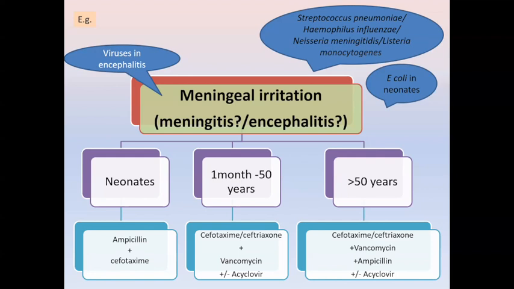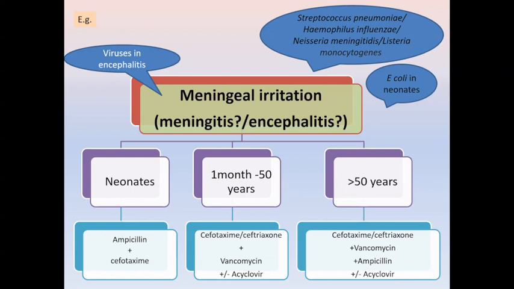But we don't treat with vancomycin alone; we add vancomycin to cefotaxime or ceftriaxone. As you can see, it's not indicated to start meropenem at all in this kind of situation. And of course, again, if you are not sure whether it is meningitis or viral encephalitis, plus or minus acyclovir.